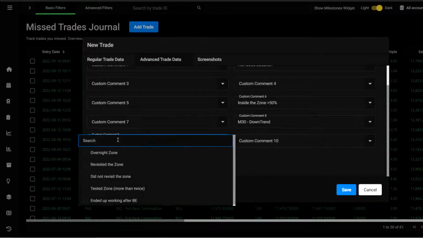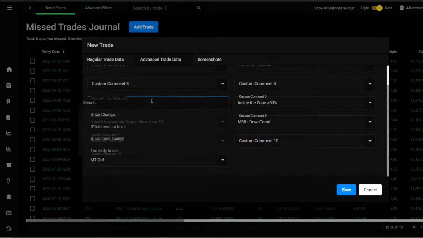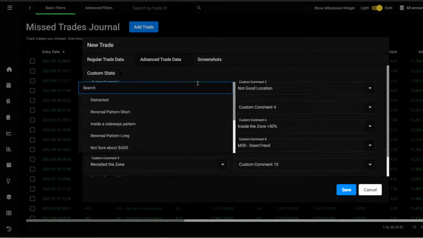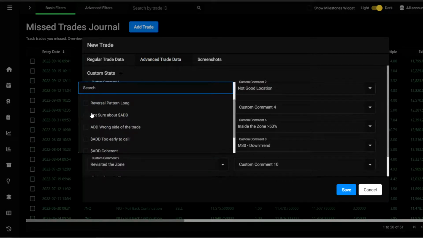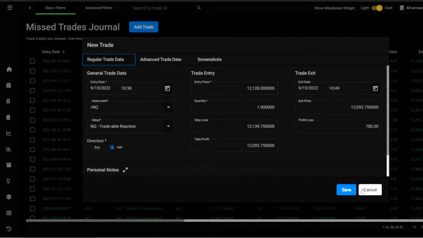Then I have here overnight zone, revisited the zone, tested the zone more than twice, revisited the zone, yes. It went beyond my target, yes, definitely. Tick change, tick trend in favor. Good tick, yeah, it was perfect, good. ADQD was the wrong side of the trade actually, and it was not coherent. And voila, we have the trade.